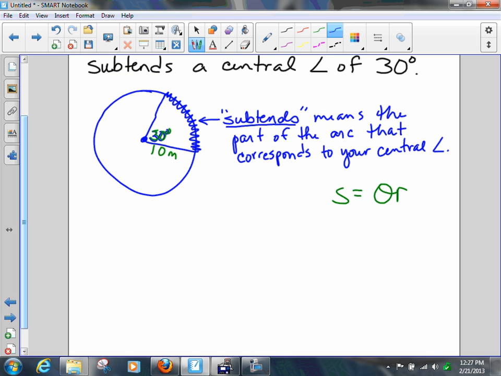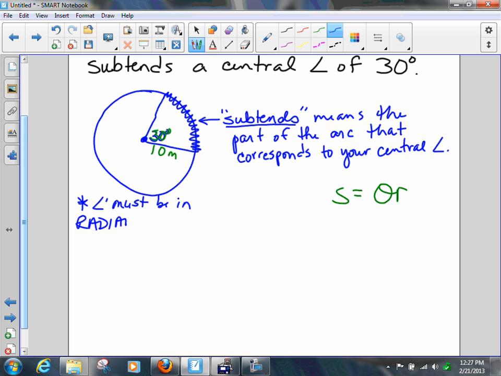Theta represents our what? Our inside angle, our central angle. But am I going to throw 30 into my formula? Better go back and read your card, because you wrote something on there, or you should have. It's got to be in radians. What do I do? Your angle must be in radians.